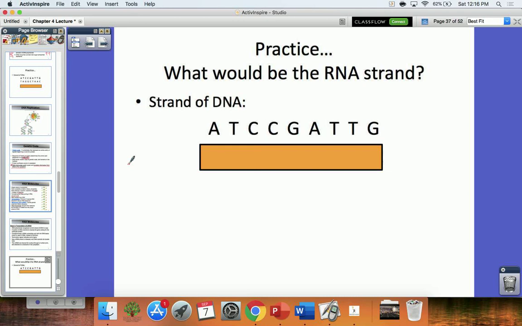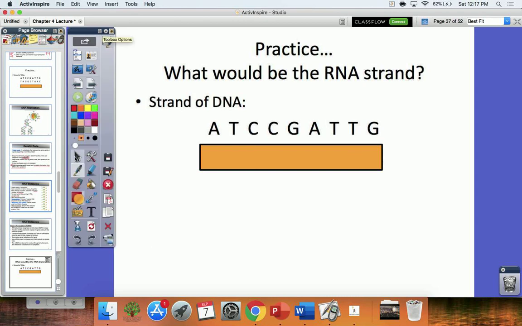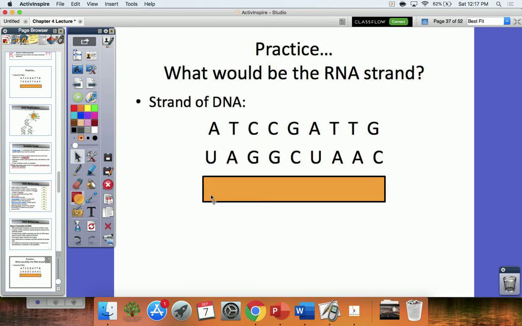So, just a little bit of practice, and again, you can pause this for a second so that you can do it on your own. If this is the DNA strand that's in the nucleus, what would the RNA strand, or the mRNA strand, be? The mRNA strand would be this.